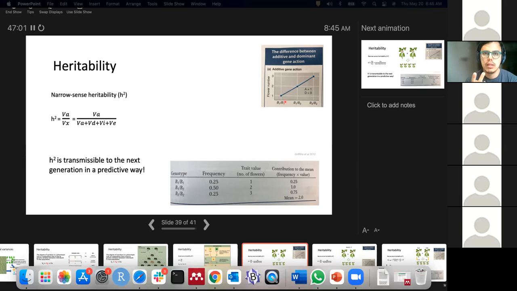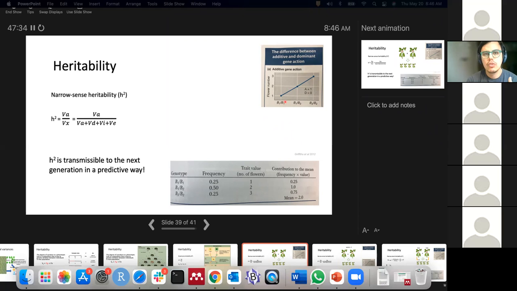So we want to give the genotype a value. First, we have to estimate the effect of each of those alleles, and then give the genotype, which has a combination of both alleles, a value. That is the performance that genotype is going to have if all the genes have an additive effect.